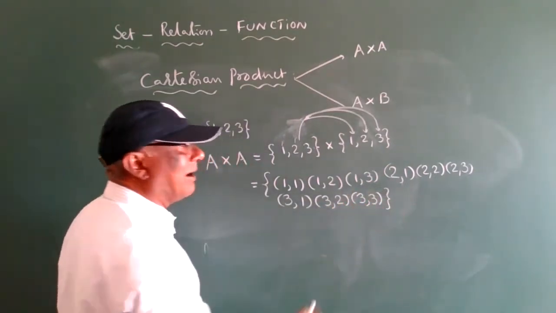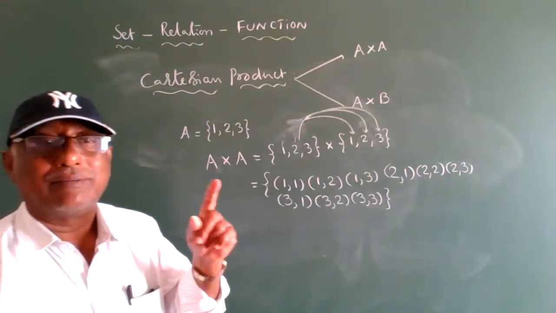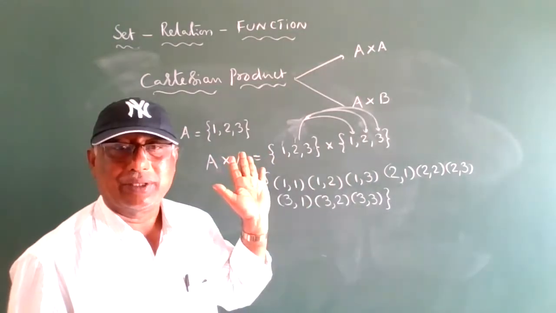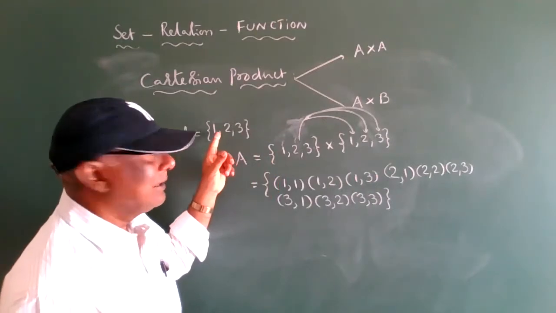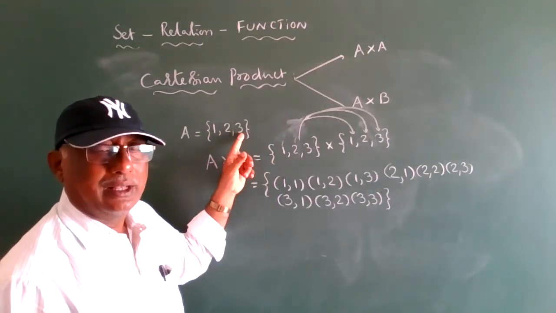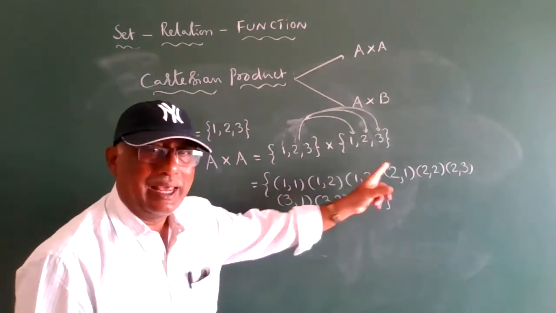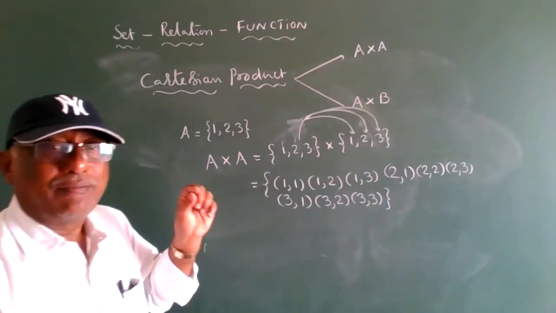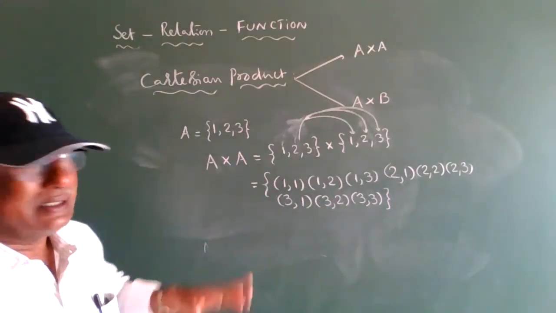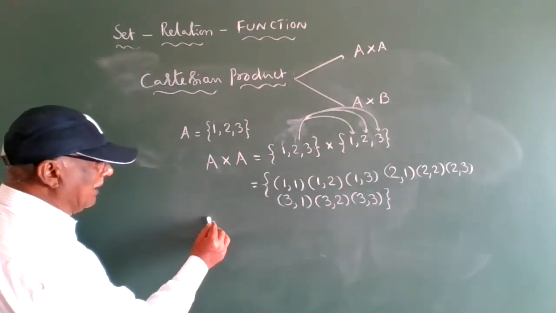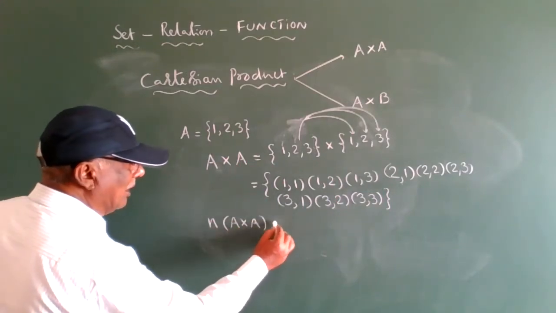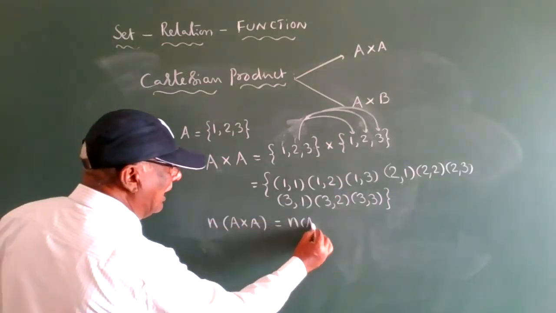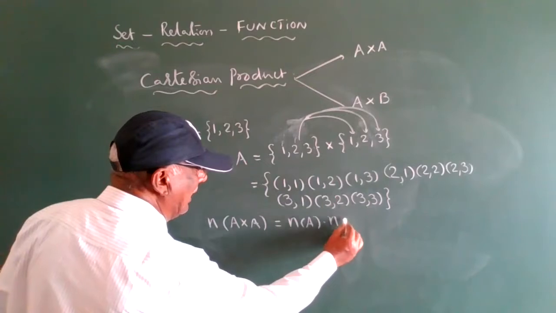This is called the Cartesian product of the single set. The number of elements here is 3, therefore 9 elements are formed. So the number of elements in the Cartesian product is equal to n(A) into n(A).